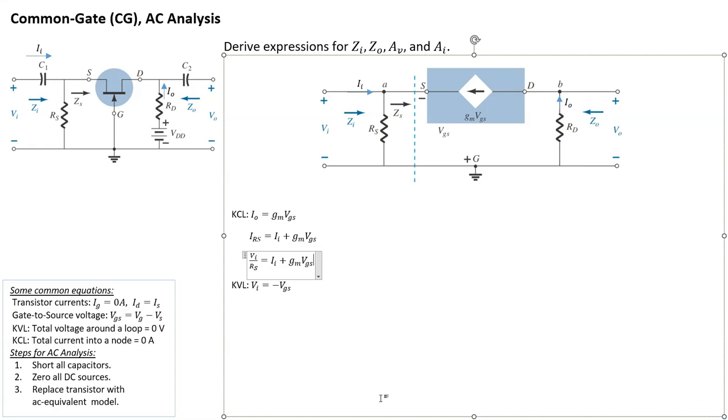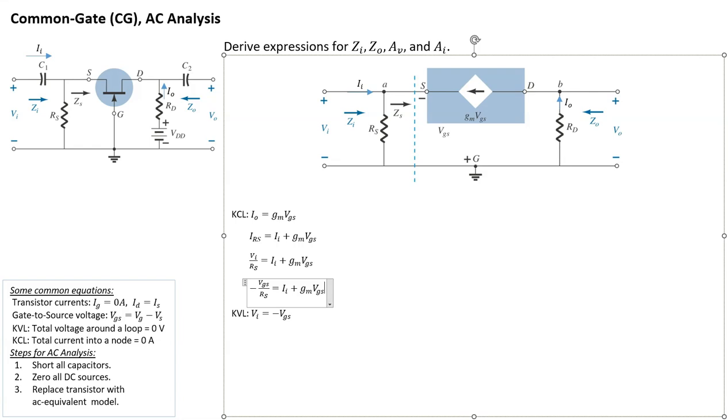And since we know that VI is just negative VGS, we can write negative VGS divided by RS is equal to the right-hand side of the equation plus GM VGS. So we could combine the VGS's together.